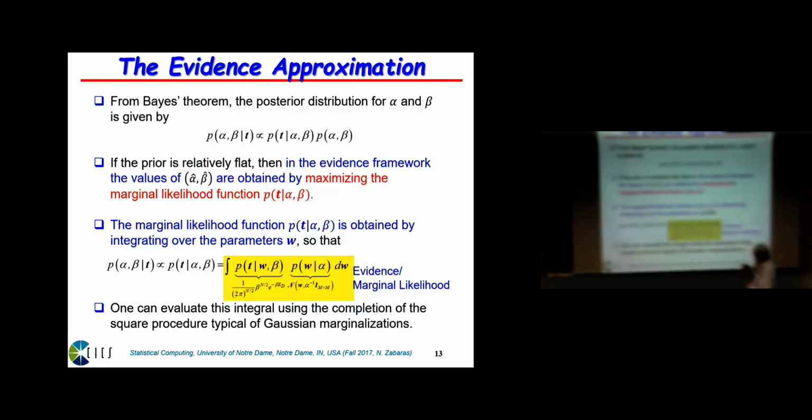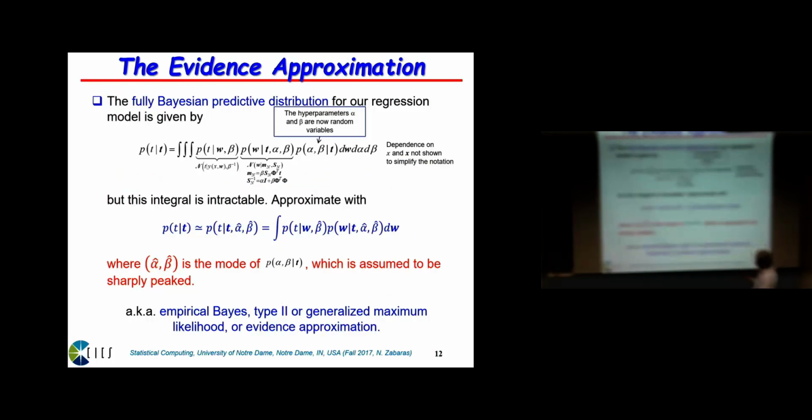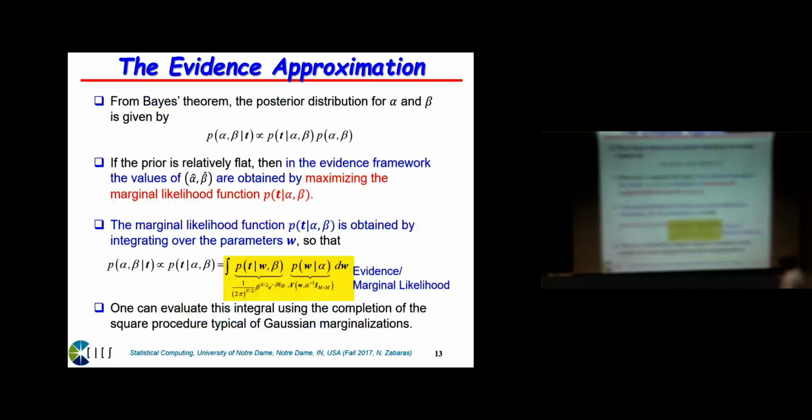Okay? So I'm going to summarize again, right? This is the last time we're going to see this hierarchical Bayes thing in this course. I'm going to assume that from now on, somehow you can navigate through the literature. To do predictions, you need to know the posterior, right? So instead of integrating alpha and beta with the posterior there, we're going to approximate alpha and beta with point estimates, okay? And the question is, which point estimates?